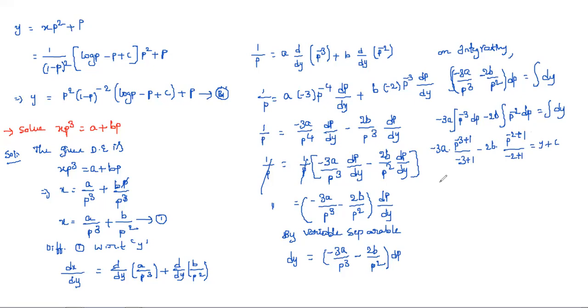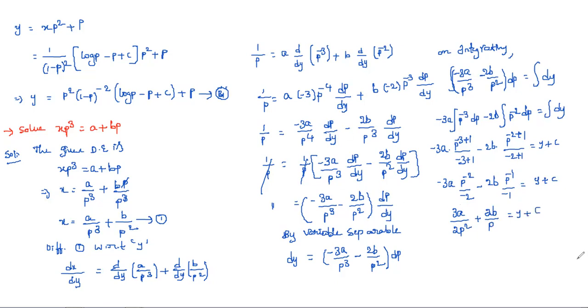So minus 3a into p power minus 2 by minus 2, and minus 2b into p power minus 1 by minus 1, equal to y plus c. Then minus into minus is plus, so that is 3a by 2 p square plus 2b by p is equal to y plus c.